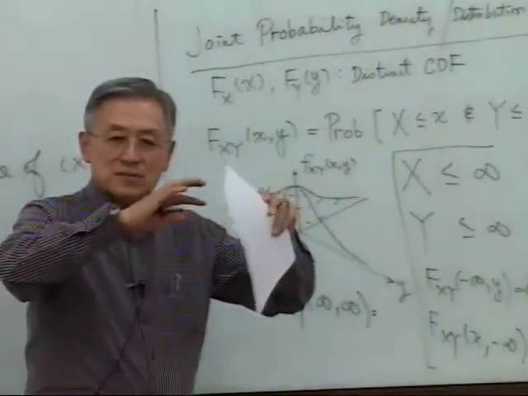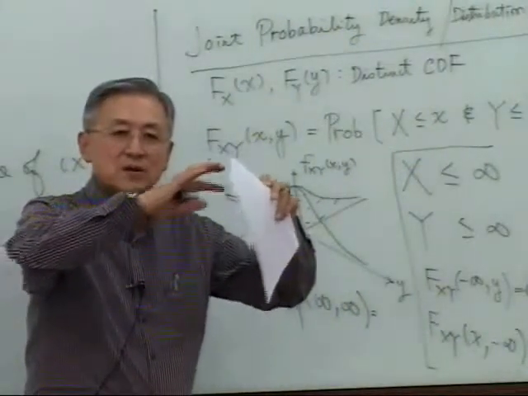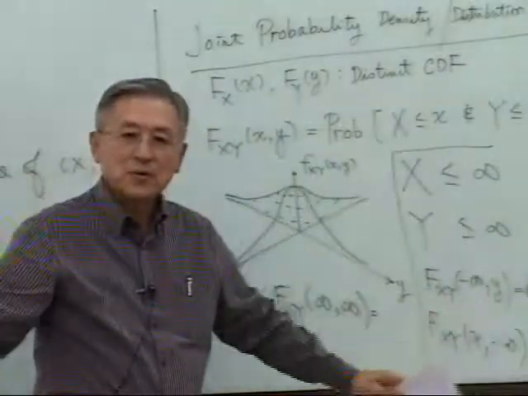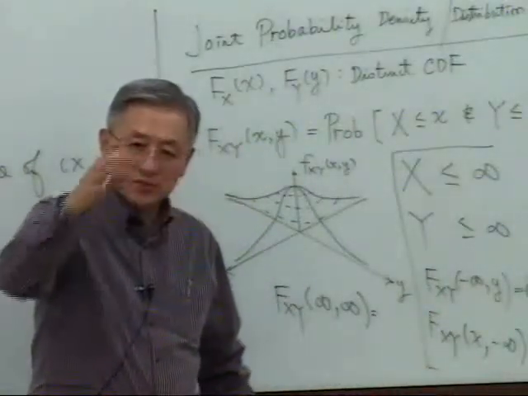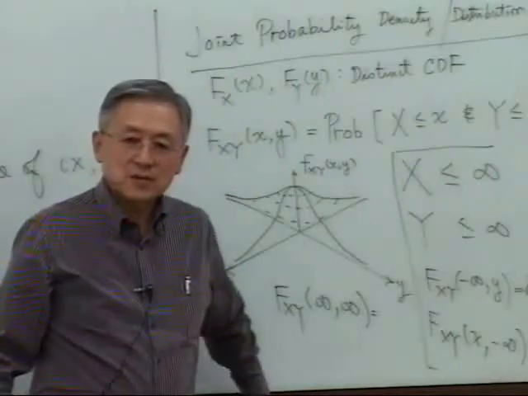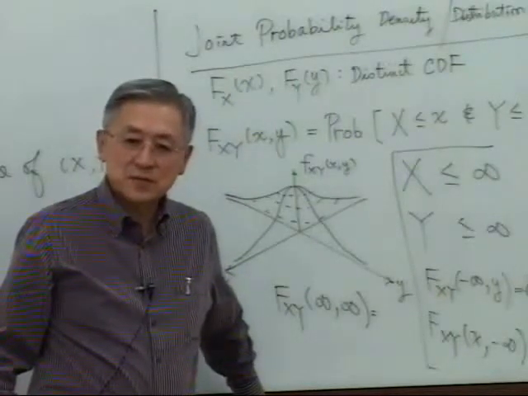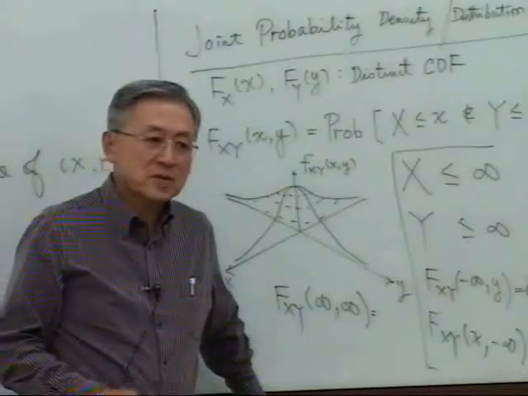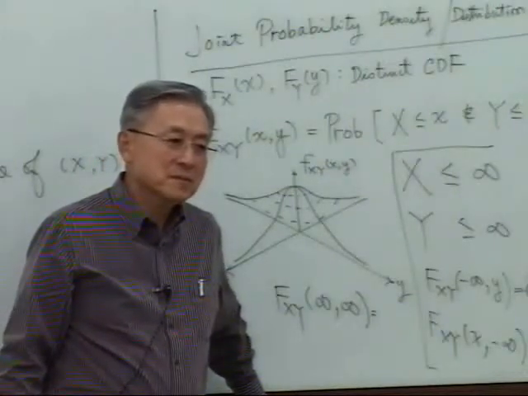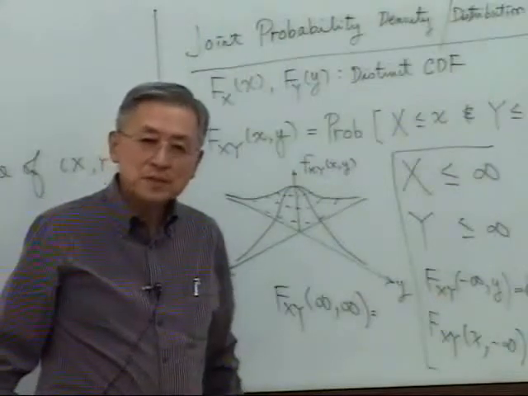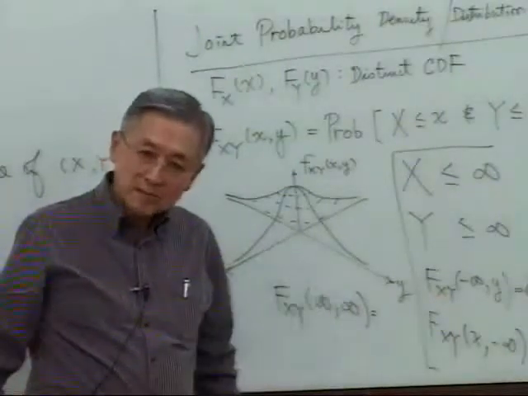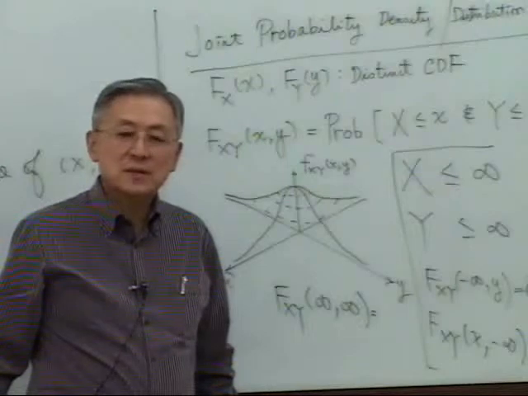It's the total volume under the surface, the small f of x, y surface, and the total volume would be 1. The probability of it happening is 1.